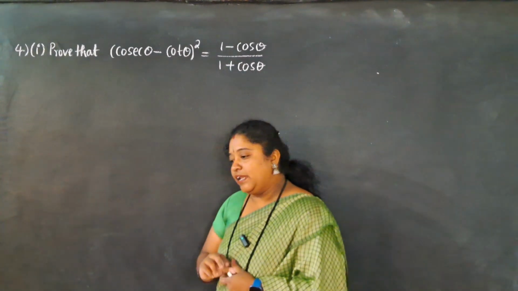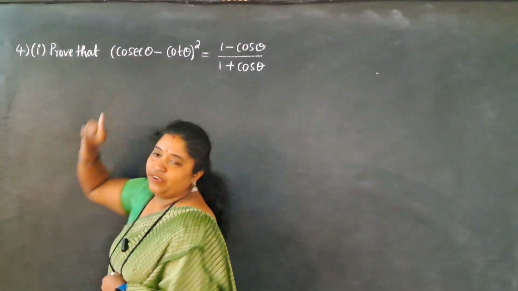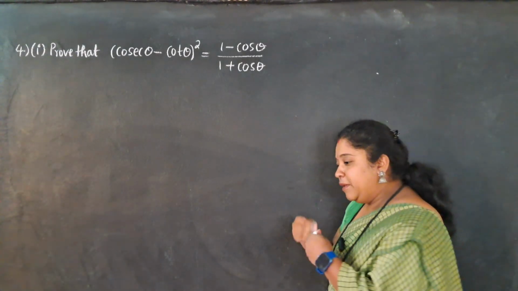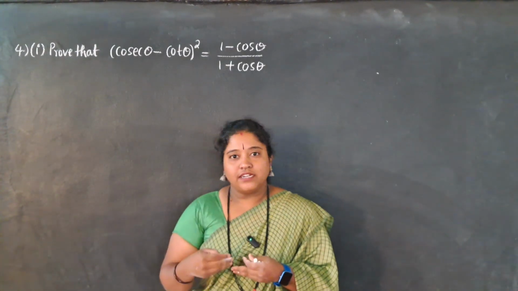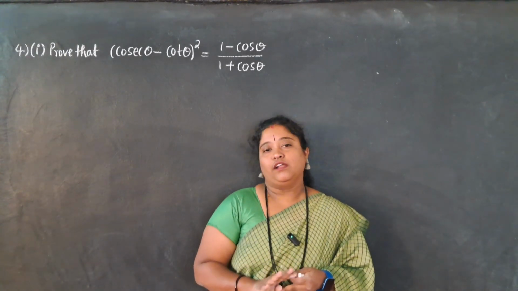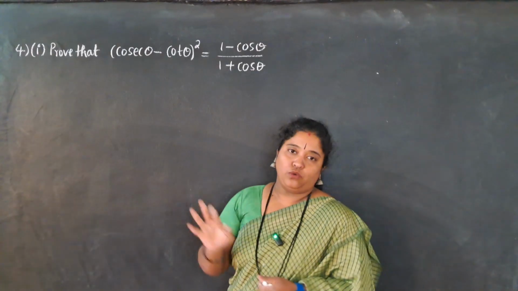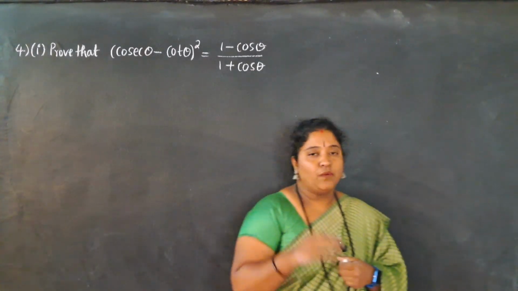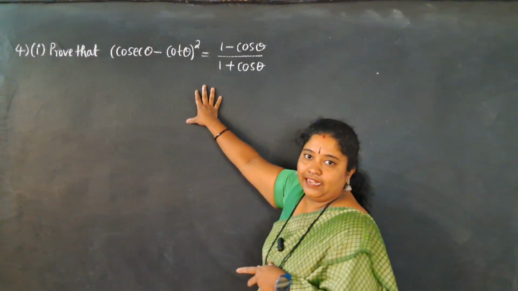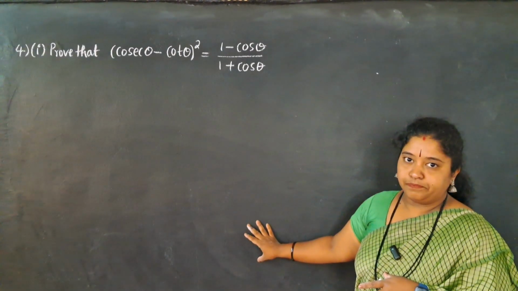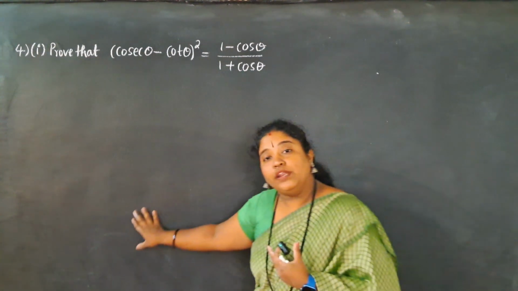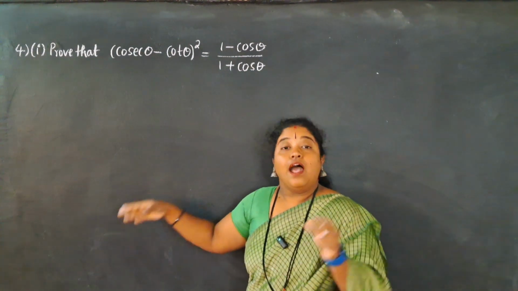But the thing is, whenever we have a question in such a way that says prove that, in previous years also you have done questions like that, but those questions are totally different from trigonometric questions. Whenever you need to prove, you have LHS and RHS, dear. Either you simplify the LHS to reach the RHS, that is one condition, or simplify the RHS to reach the LHS, the second one.